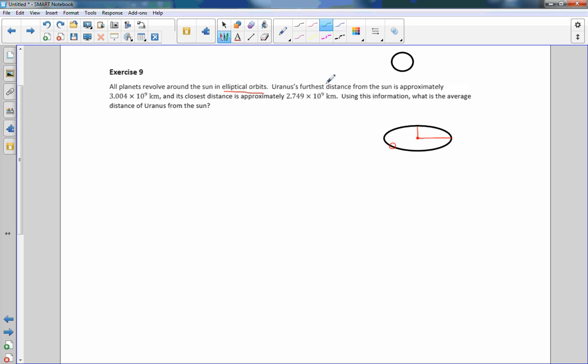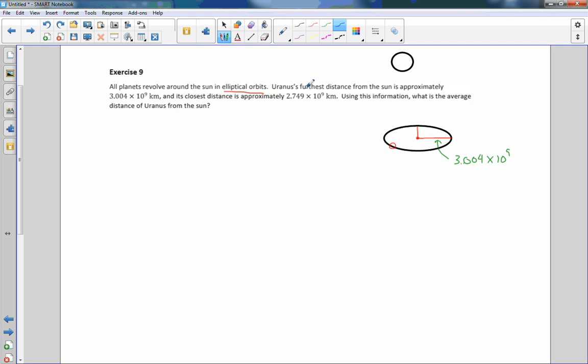It says the furthest distance from the sun is approximately 3.004 times 10 to the 9. So that's the furthest. So that is this distance, 3.004 times 10 to the 9th.